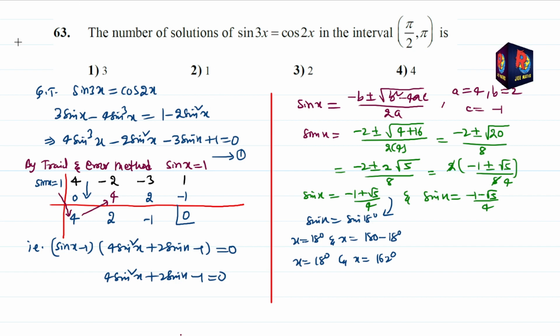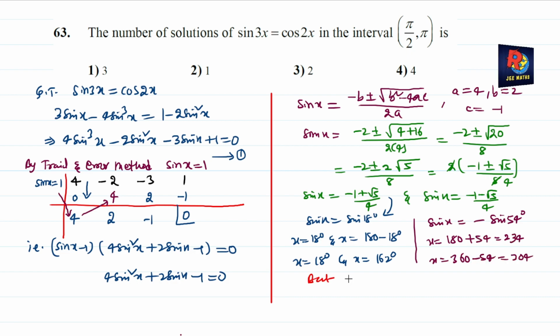Next, if I go for the second case, here you can observe that in the second case, sin x equals, if I take minus common, it is sin 54 degrees. Negative means it is third and fourth quadrant. In third quadrant, x value equals 180 plus theta, so 180 plus 54.